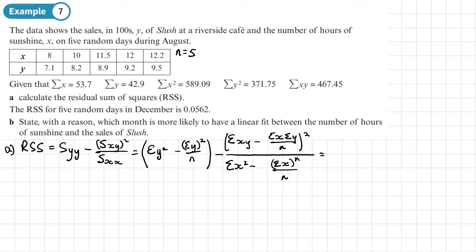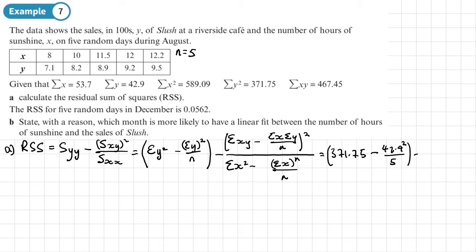So the sum of Y squared is 371.75, and then we're going to minus the sum of Y, which is 42.9. That's going to be squared over N, which is 5. So that's our SYY. Might be a bit of a struggle to fit in the rest. We'll see how we go.